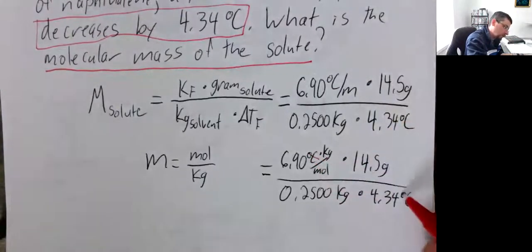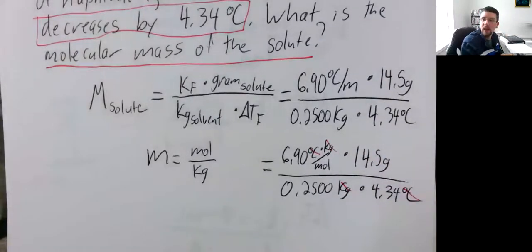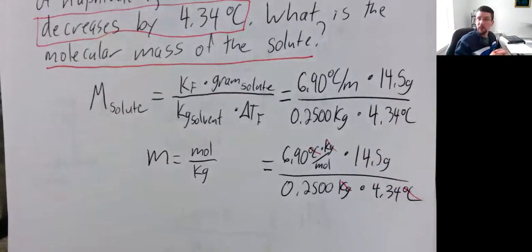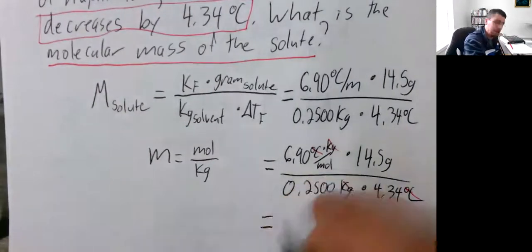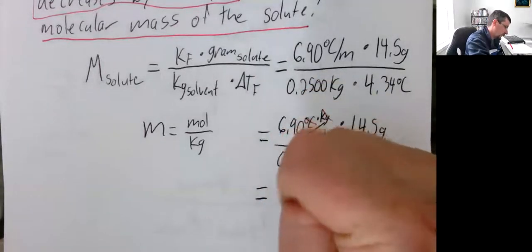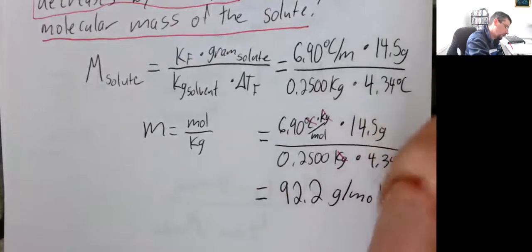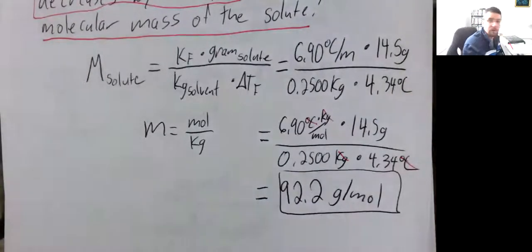Our degrees C will cancel out. Our units of kilograms will cancel out, and we're left over with the units of grams per mole, which is exactly what we want. Manipulating this equation and solving, you should get an answer of 92.2 grams per mole, keeping sig figs in mind.